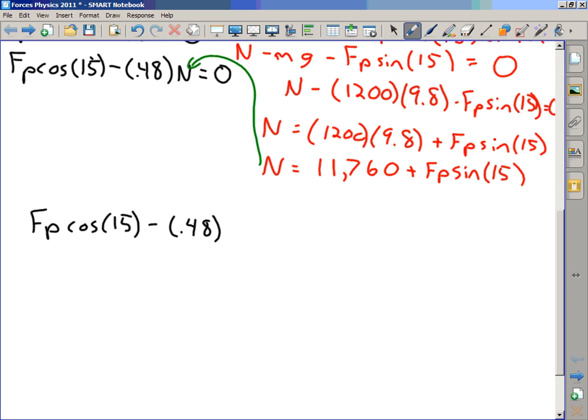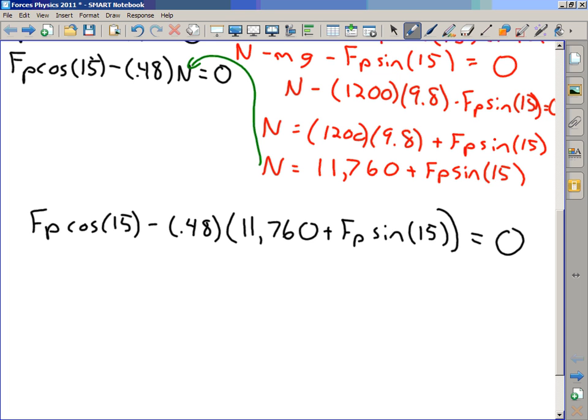Now, whenever you're substituting in, use parentheses, especially here, because you're going to have to distribute that 0.48. Okay? So parentheses, 11,760 plus FP sine 15, close parentheses, equals 0.